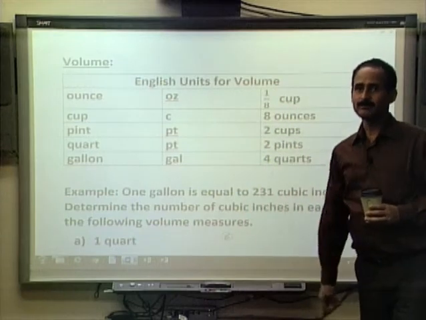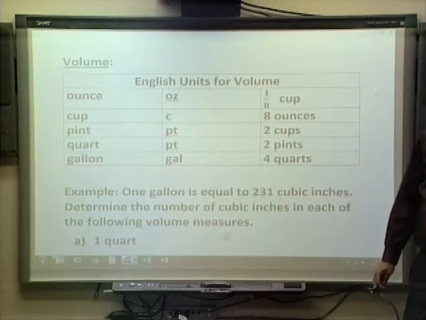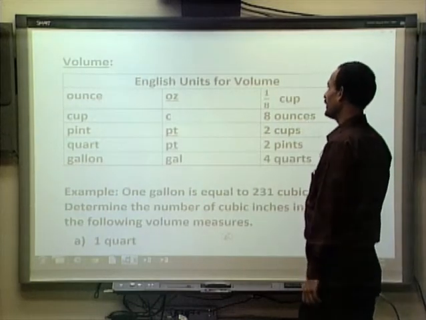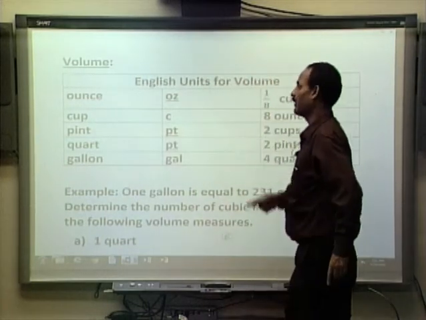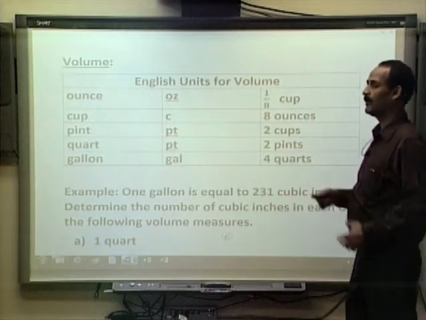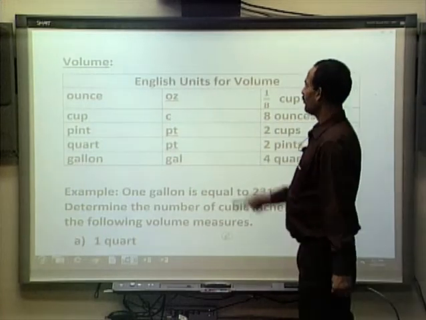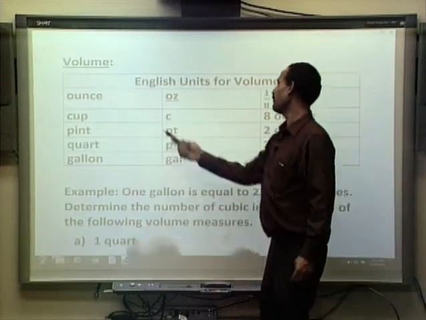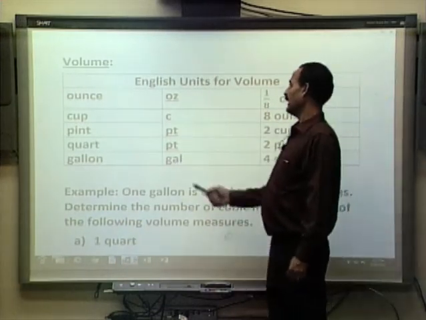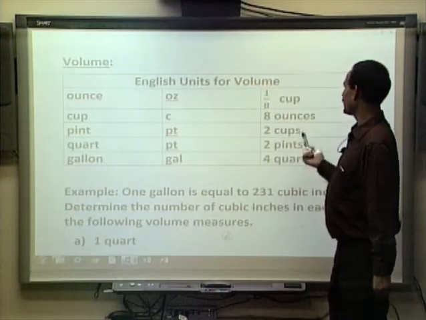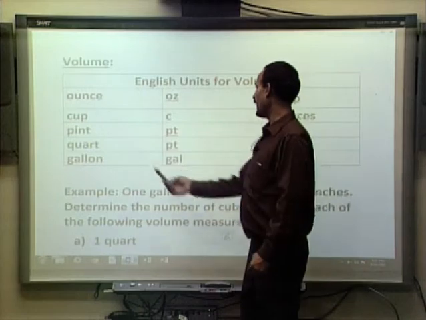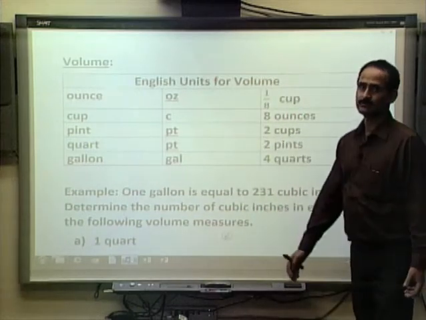Volume in the English unit system is measured using ounce or cup or pint or quart or gallon. 1 ounce is 1/8 of a cup, that means a cup is 8 ounces, a pint is 2 cups, a quart is 2 pints and a gallon is 4 quarts.